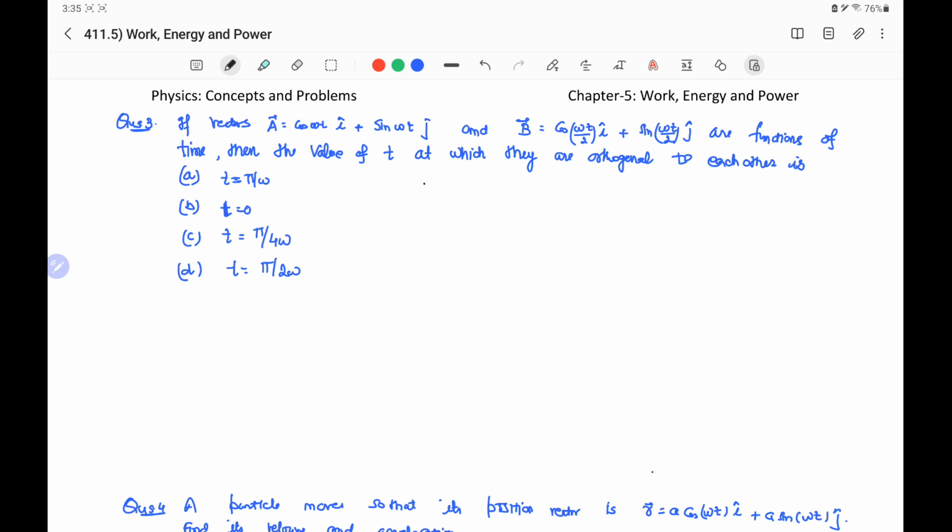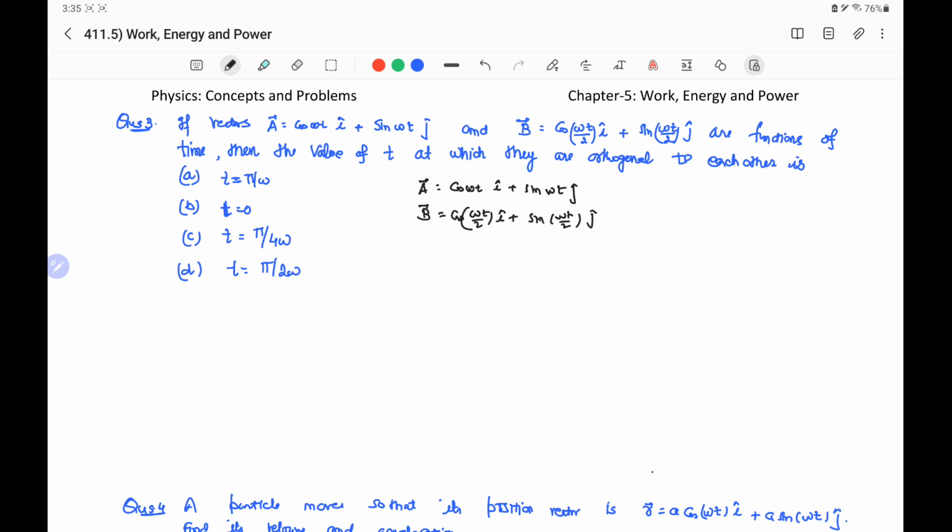It is given that vector A equal to cos omega t i plus sin omega t j and vector B is cos omega t by 2 i plus sin omega t by 2 j. And the functions are orthogonal to each other.